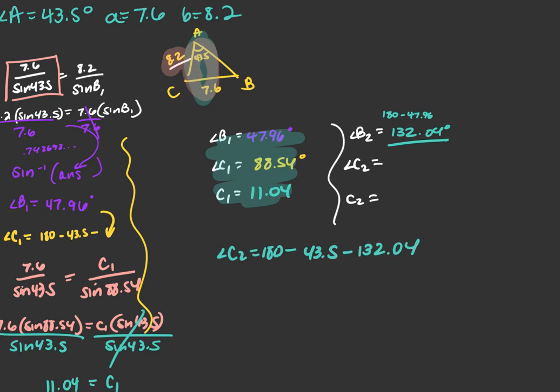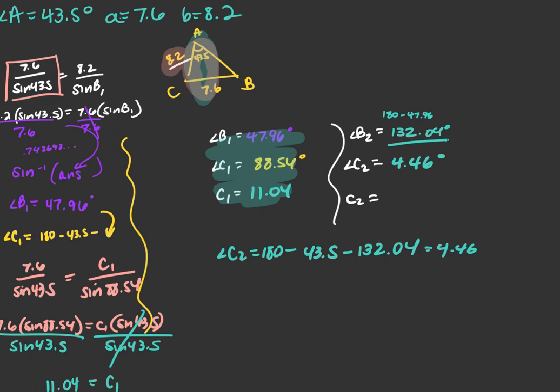So 180 minus 43.5 minus 132.04 is 4.46. That's small, but it's positive. If that value was negative, I would know to stop. There'd only be one triangle.